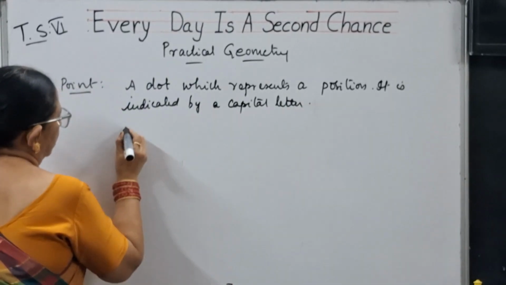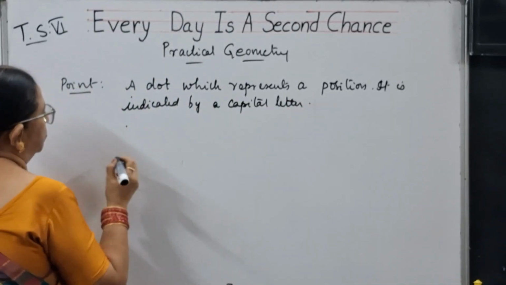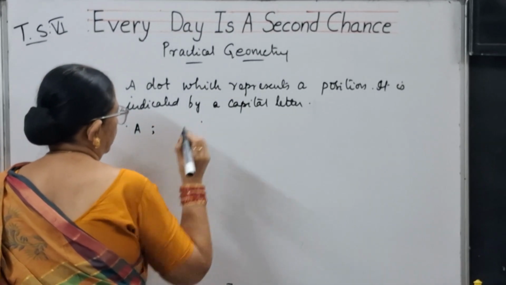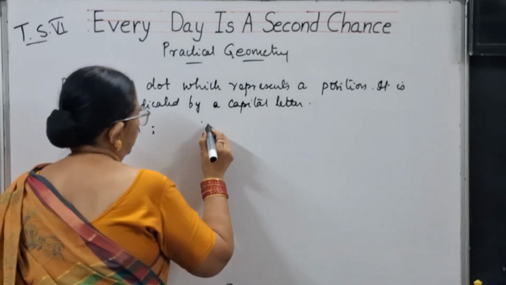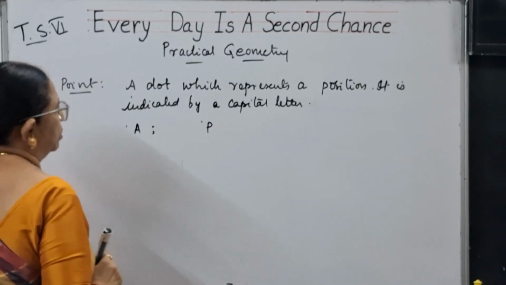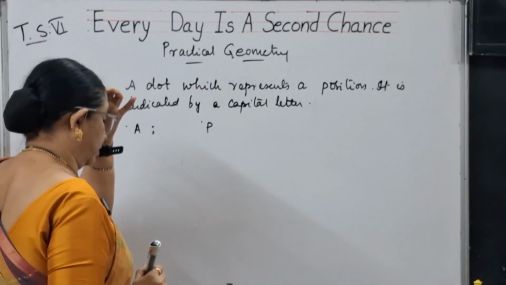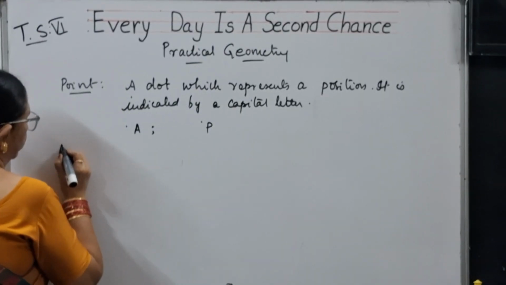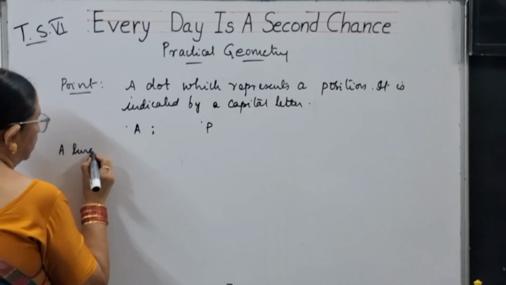See, I have kept it like this. This is a point. Let me indicate it by A. Or I can keep a point and name it as P. Anything. But you should put them in capital letters. This is the representation.